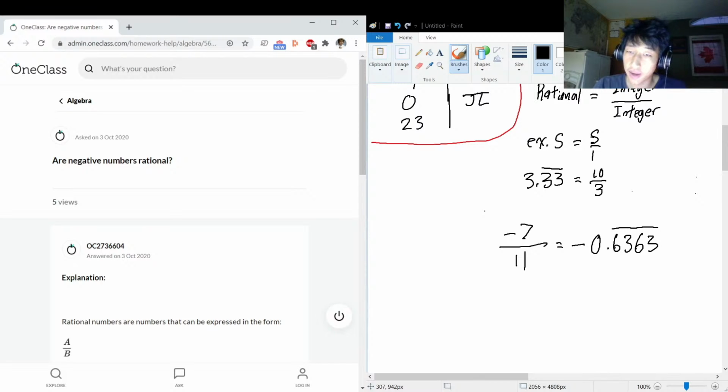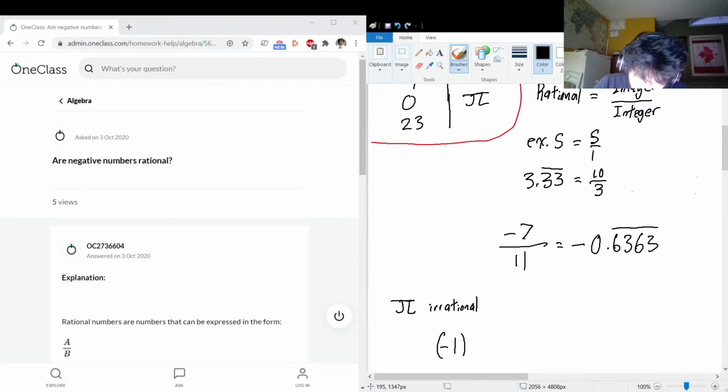Like I know that pi is irrational, I think. I hope so. Yeah, pi is certainly irrational. So that means negative 1 multiplied by pi is also irrational.